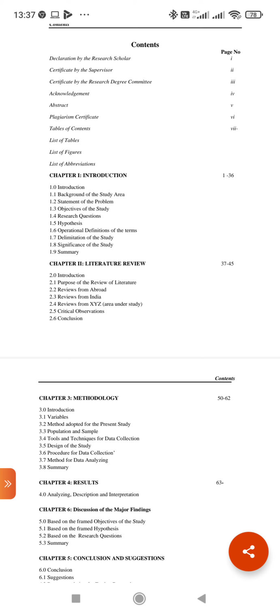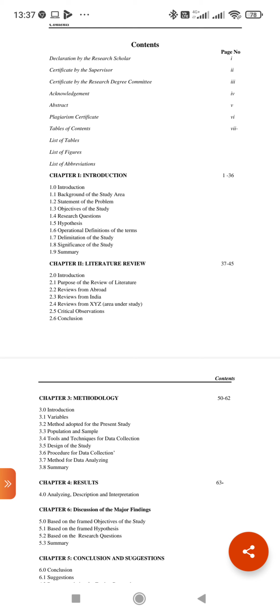However, when we talk about the certificate part, the declaration given by the research scholars, the acknowledgement part, abstract, and now you have the plagiarism certificate, table of contents, all those you can put in Roman numbers.